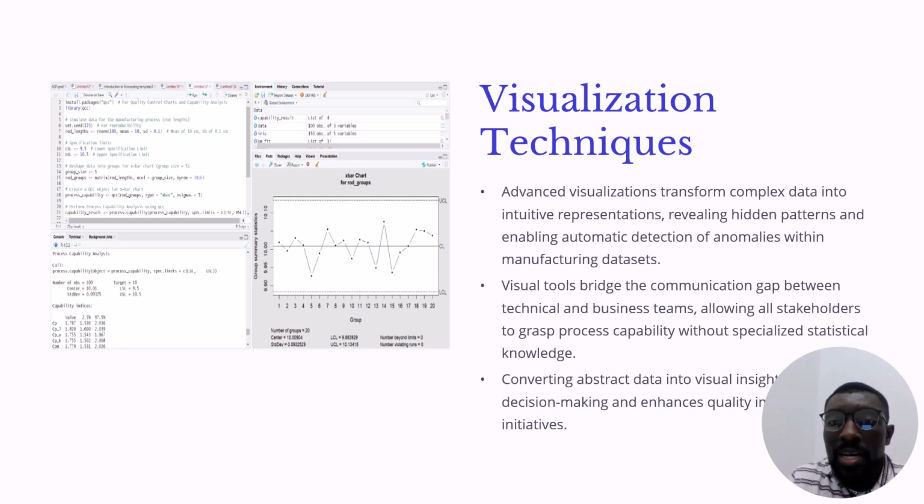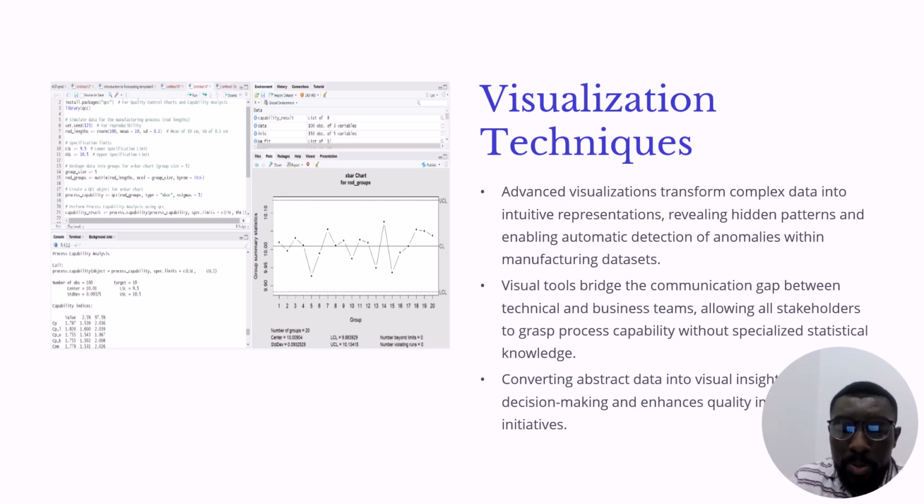And also it helps bridge the communication gap between the technical and business teams and allows all stakeholders to grasp the concept of process capability without needing too much statistical knowledge on the subject, and also converting the abstract data into visual insights for making decisions and enhancing the quality of the procedure.